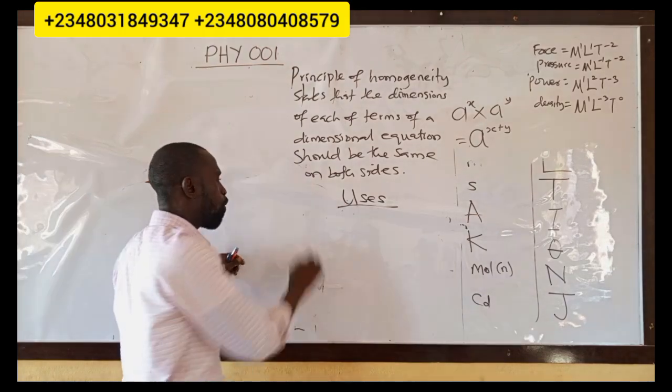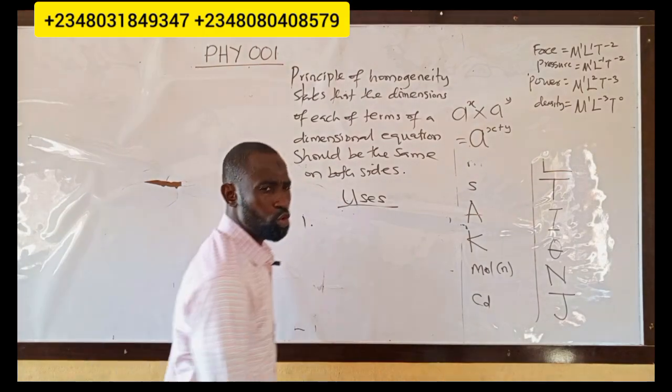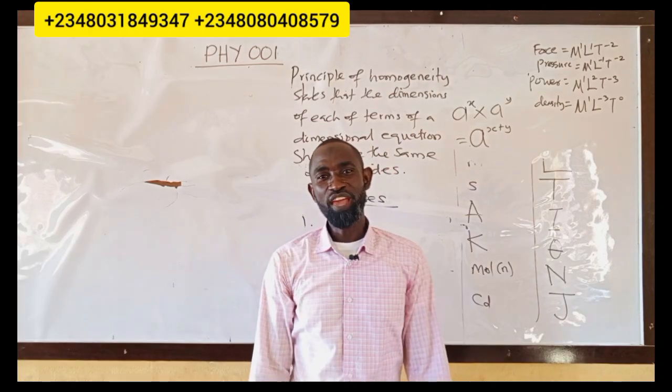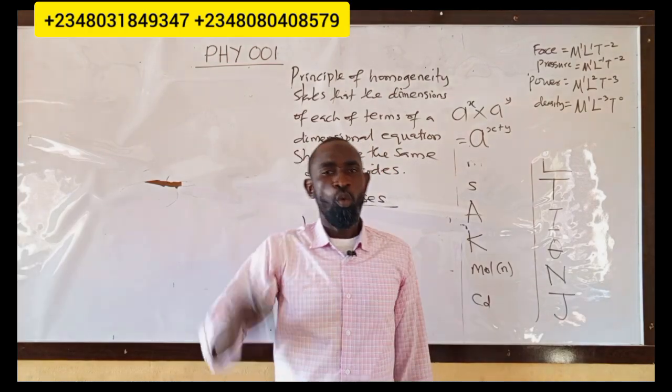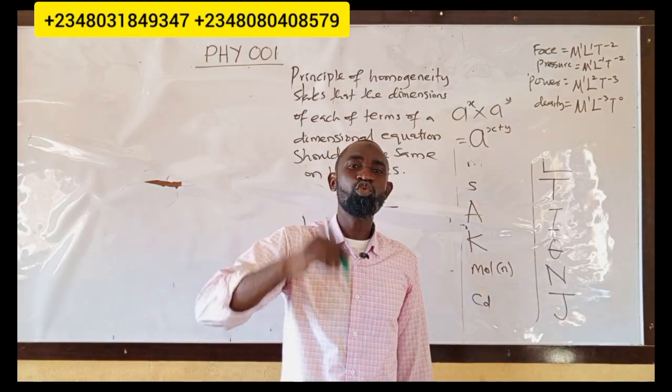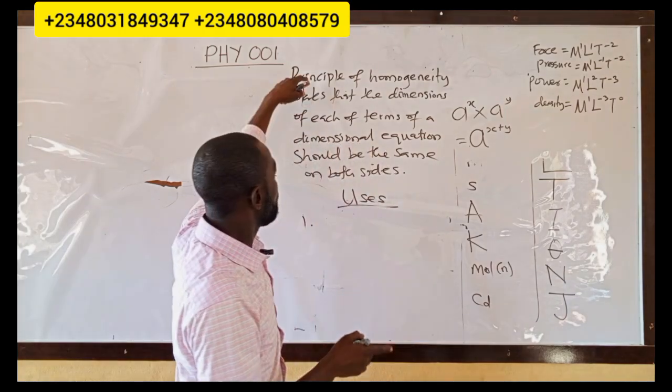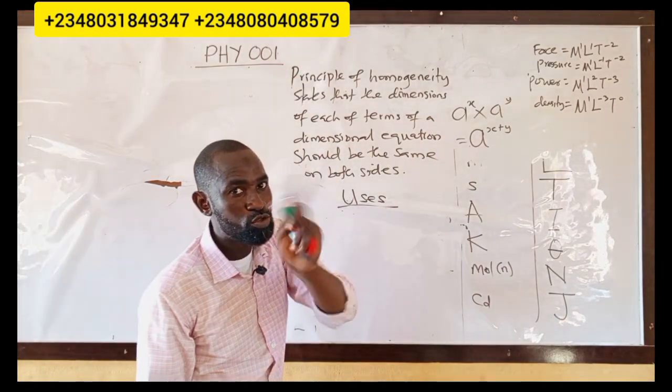We can use dimension to know the exact form of a physical equation. We can also use dimension to know whether a physical equation is correct or not. From this principle, we are going to discover many things.